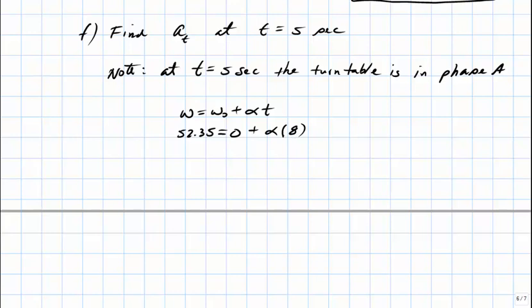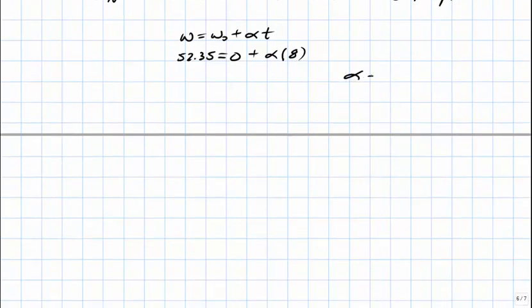If we divide both sides by 8, alpha equals 6.544.